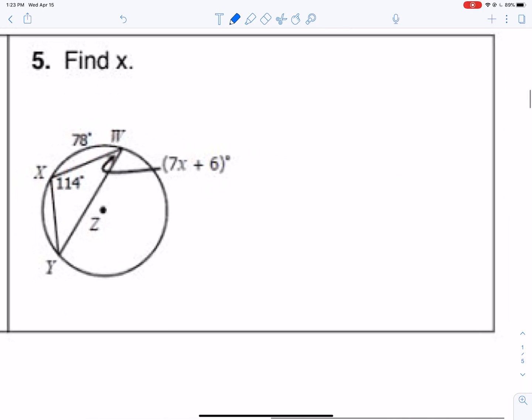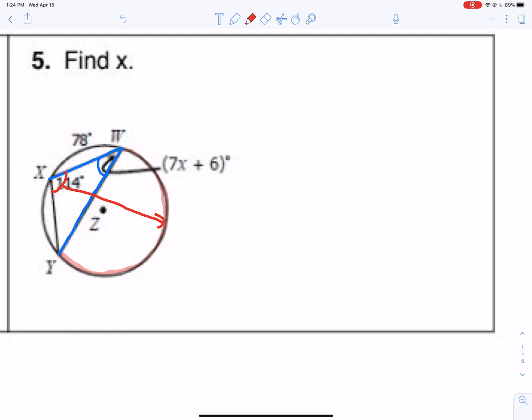Number 5 says find X, and we're given this circle, and we know we have angle XWY is equal to 7x plus 6. And then we're given the angle X is equal to 114. So we know if this angle is 114, that is half the measure of this intercepted arc, which is going to help us solve the problem.